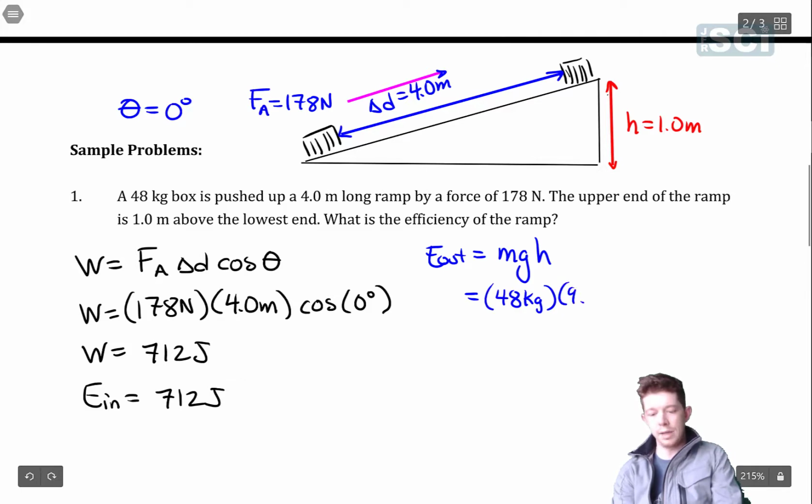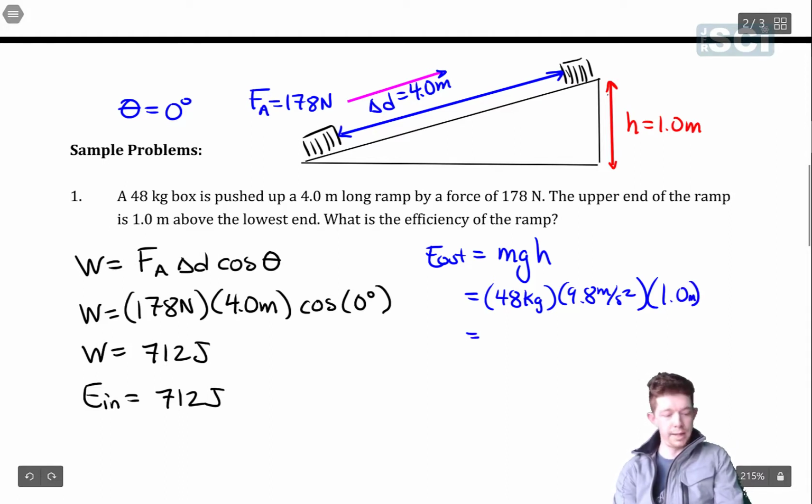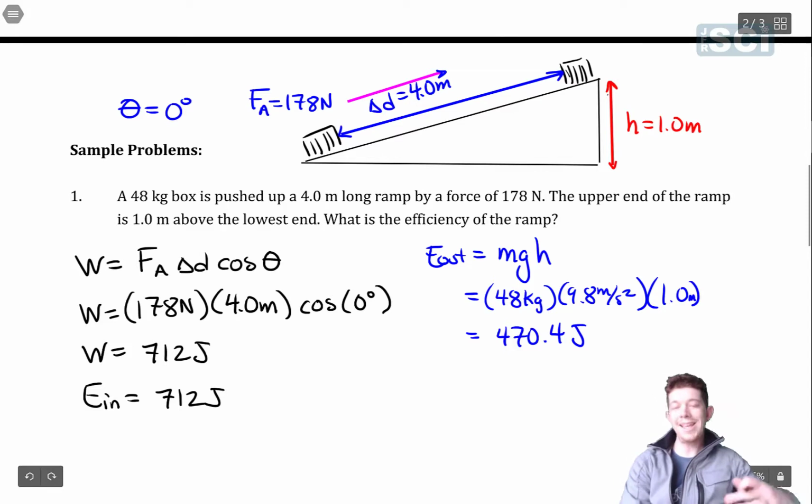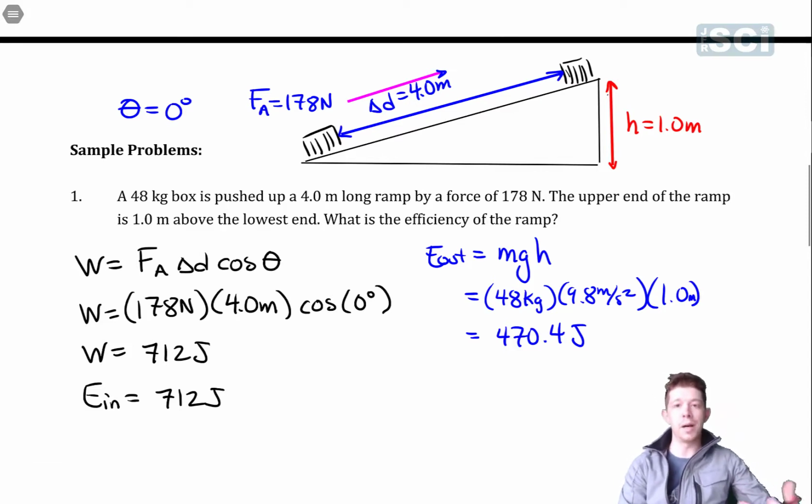Gravity is 9.8 meters per second squared, and the height is 1.0 meters. And if I multiply this all through, I get 470.4 joules. So my input is larger than my output, which tells me that this ramp has an efficiency that is less than 100%.